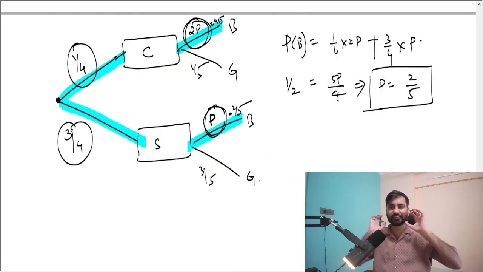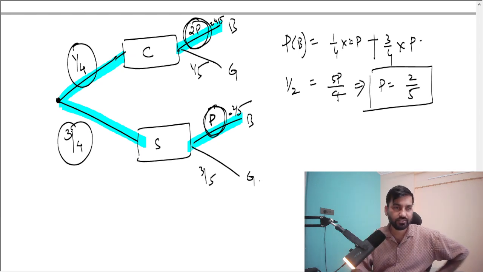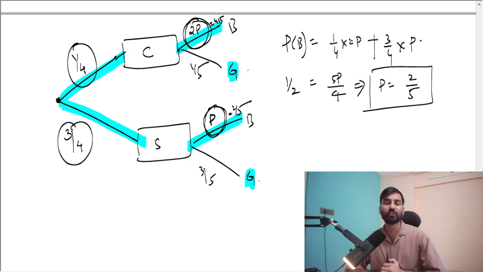Let me select randomly, and I'm going to select girl only. So this is a girl that I have selected. Let me select this girl and this girl, and they study commerce.